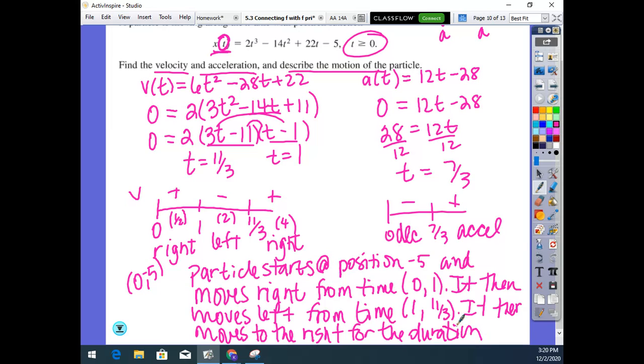Okay, that was kind of a yucky one, but overall, kind of, sort of. I mean, we've done particle motion in the past. It's just being a little more specific with describing the motion, and you're just using your sign chart to describe what's going on.